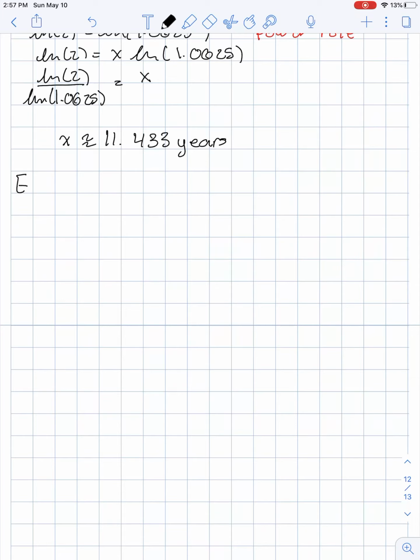We can also use this for exponential decay. So let's scroll up a little bit. There we go.